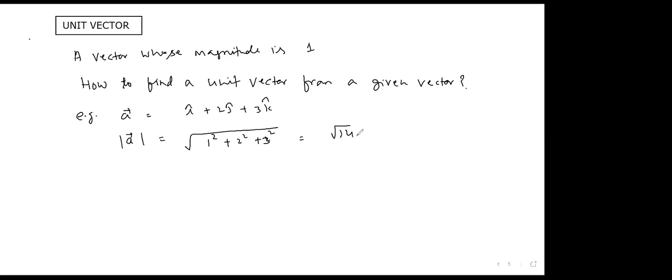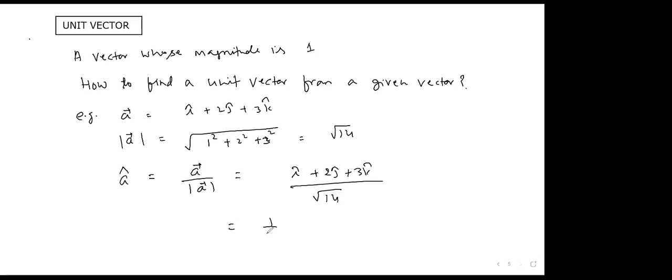Now, if we have to find unit vector A cap, that is vector A divided by its magnitude. So that will be i cap plus 2j cap plus 3k cap divided by square root of 14.